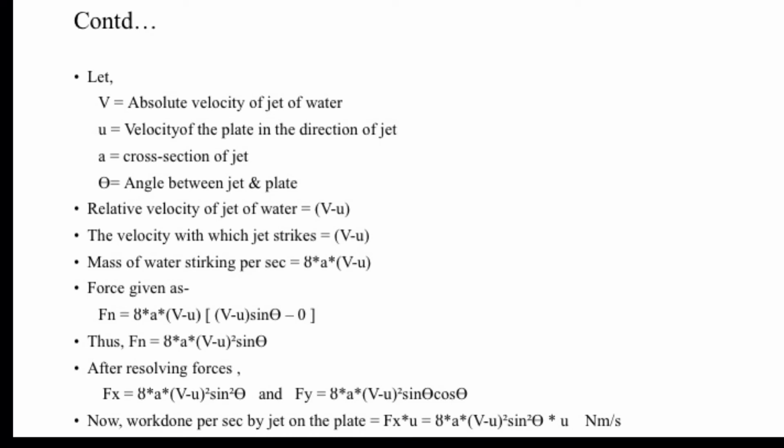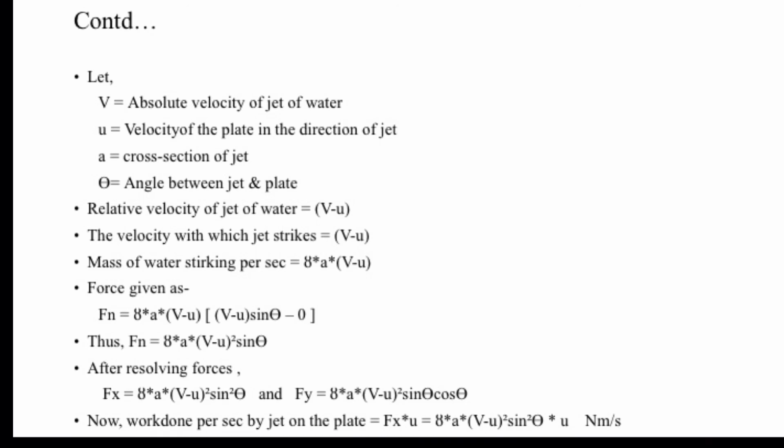Therefore the normal force Fn is rho into area into bracket V minus u bracket square into sine theta. After resolving the forces, in the x direction you will have Fn sine theta, which is rho into A into bracket V minus u bracket square sine square theta, and in the y direction Fn cos theta, which is rho into A into bracket V minus u bracket square sine theta cos theta.